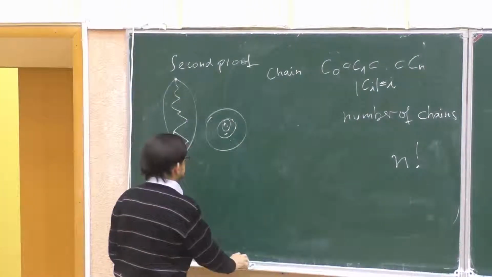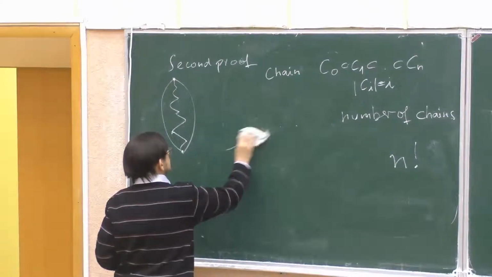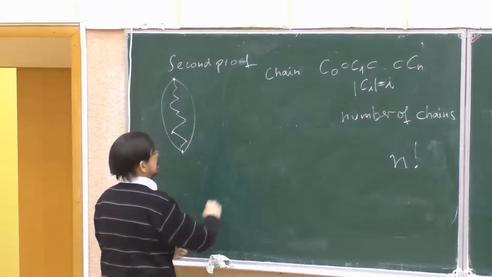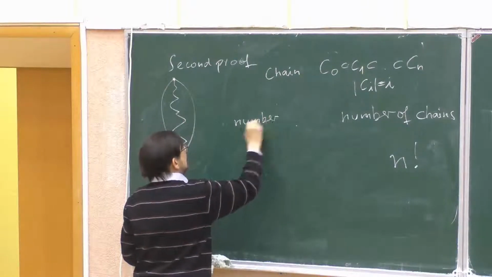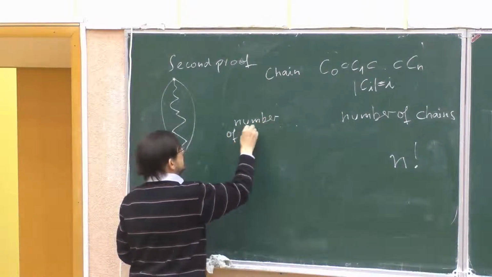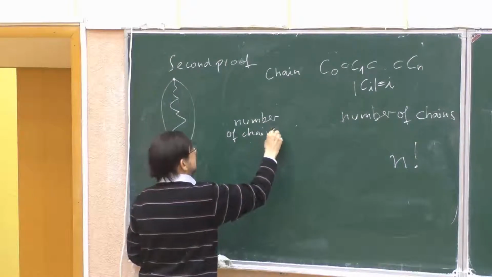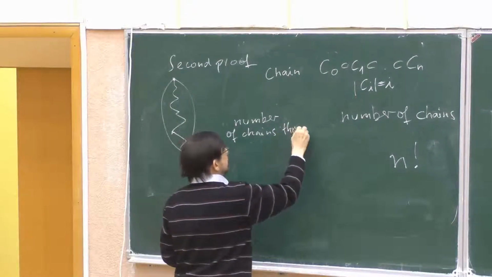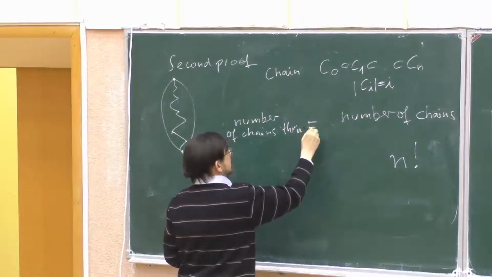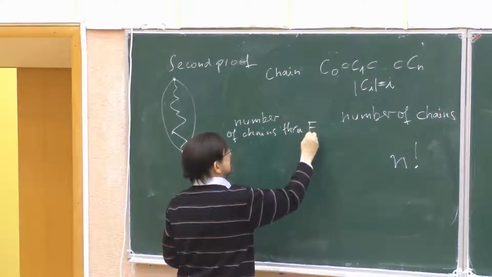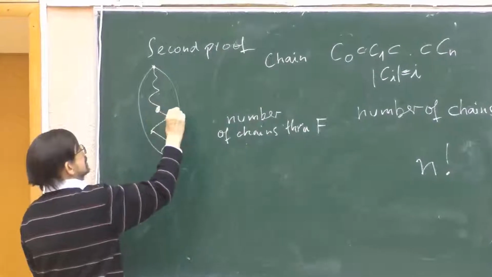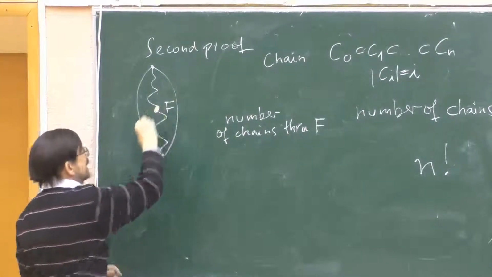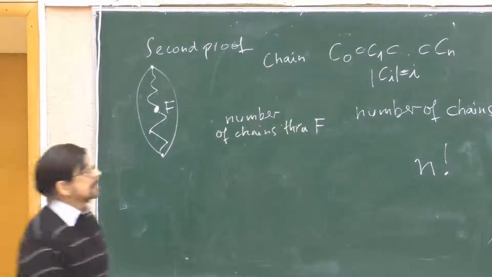And now the number of chains through a set F. So we fix an element here.